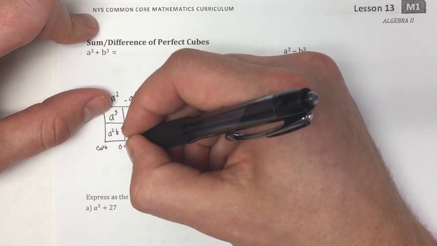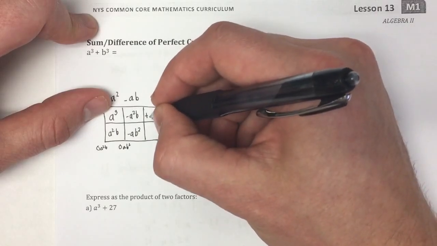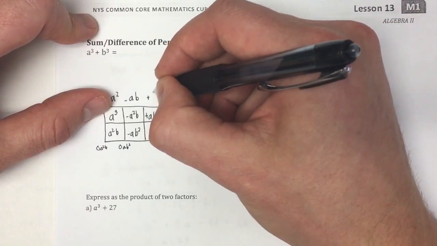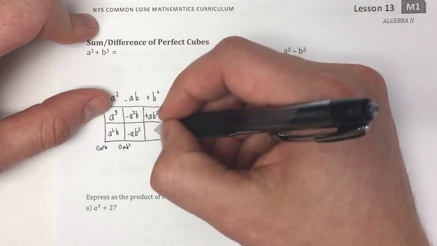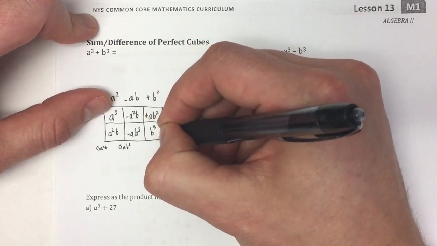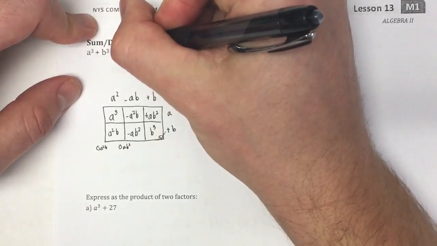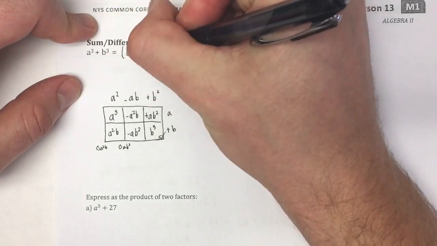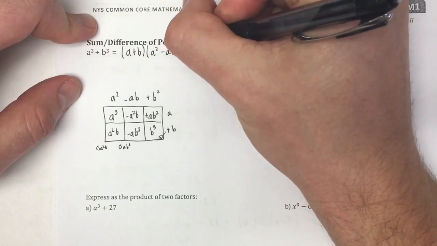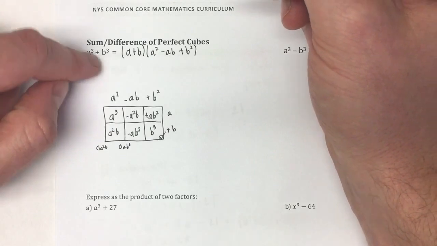Again, to get a 0 term, I must have had the opposite value, so a b squared. Well, I multiplied that by b squared. And b squared times b is b cubed, which is exactly what I wanted. And so now I know that a plus b times a squared minus ab plus b squared is my factored form of a cubed plus b cubed.